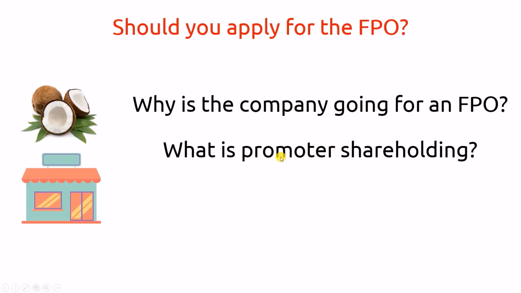Okay, why do the promoters want to sell their own shares in an FPO? What is it they are hiding? Correct? So that is a bad sign. So if the promoter shareholding increases or it stays the same, then it is good. But if they are trying to sell their own shares in an FPO, then it is bad.